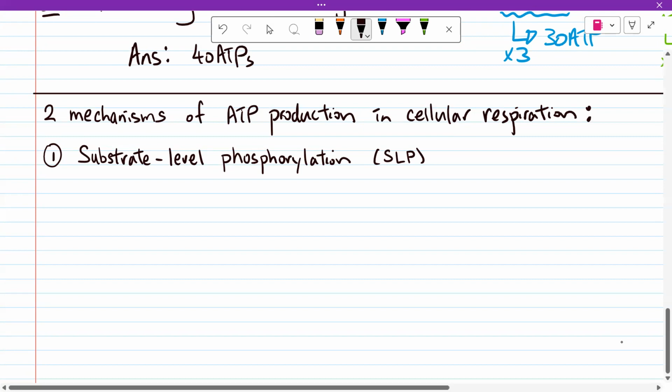Substrate level phosphorylation. Okay, so let's explain what that means first. To phosphorylate a molecule means to add a phosphate.